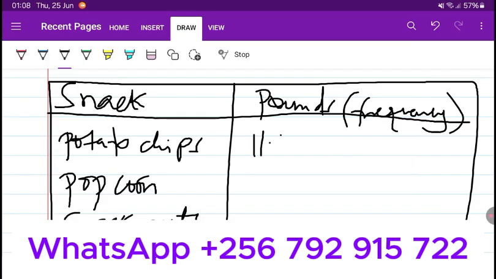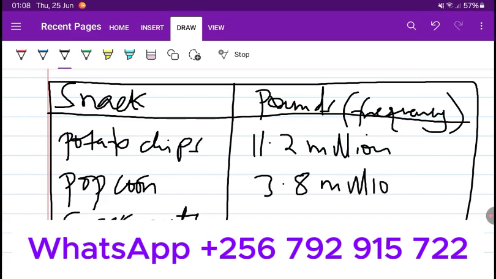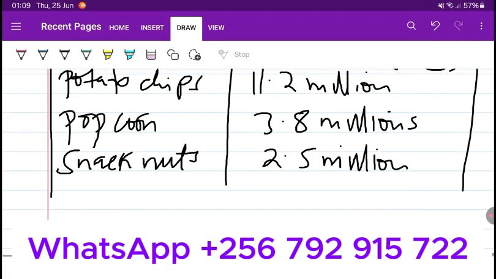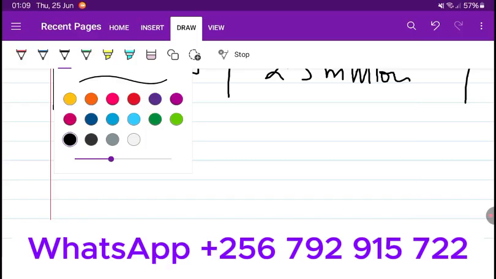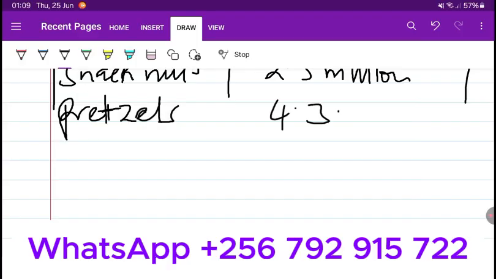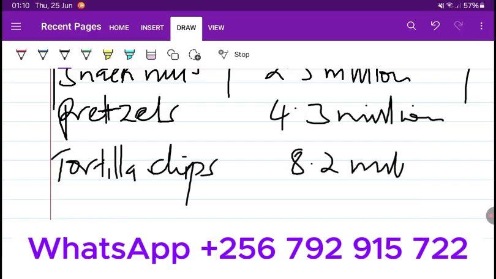This is 11.2 million pounds. This is 3.8 millions. Then the snack nuts, of course, we have 2.5 million. So let's present these other two snack types, then we get the totals. There's 4.3 million, and then lastly 8.2 millions.